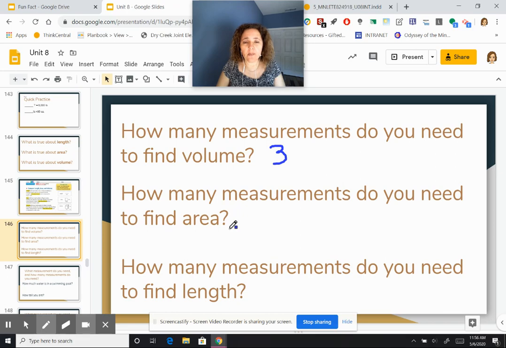Stop the video and write it down. Okay, if you said two measurements, you would be correct. How many measurements do you need to find length? Okay, stop the video and write it down. Okay, if you said one, you would be correct. Okay, so keep that in mind when we talk about the next few problems.